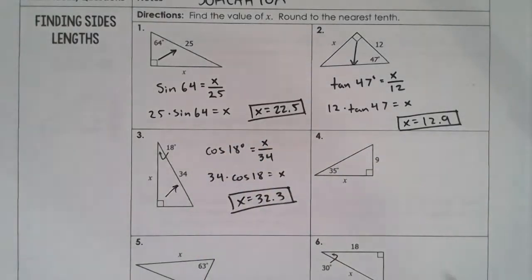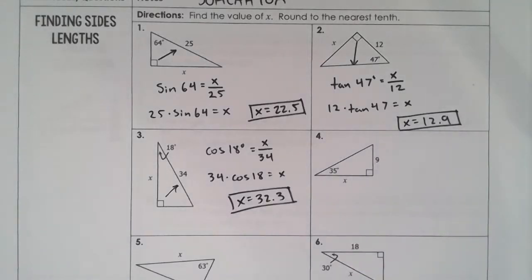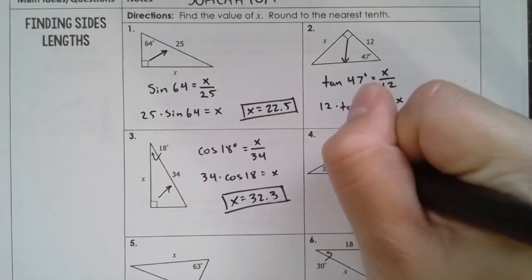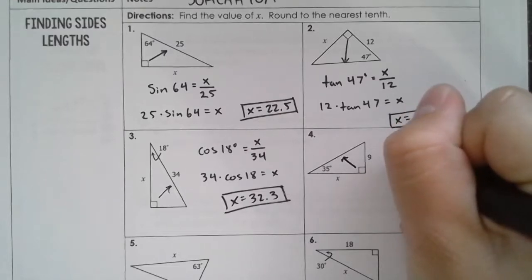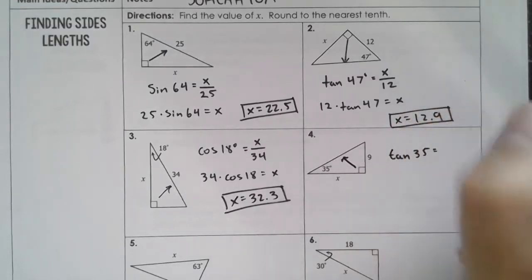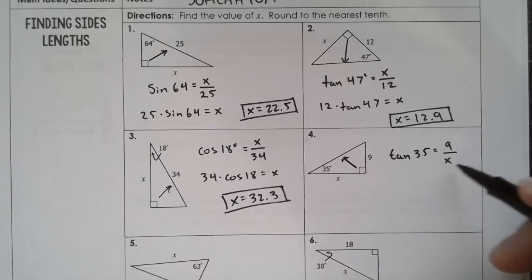Number 4, I have an adjacent side and an opposite side to 35 degrees, so I'm going to be using tangent in this case. No hypotenuse is given, so no sine, no cosine. So tangent of 35 is equal to 9 over x, and this one would be a little different because I need to find the denominator.